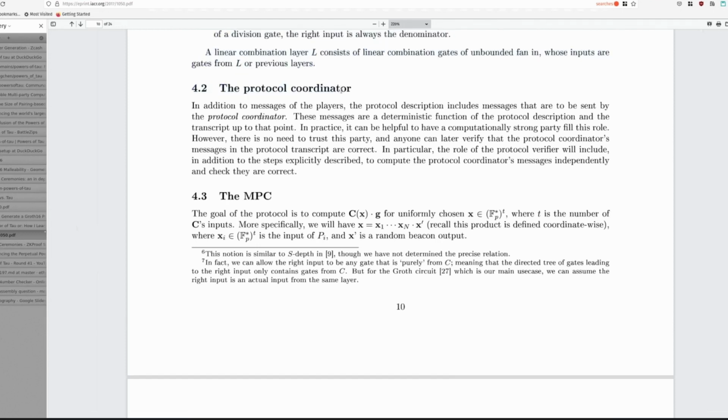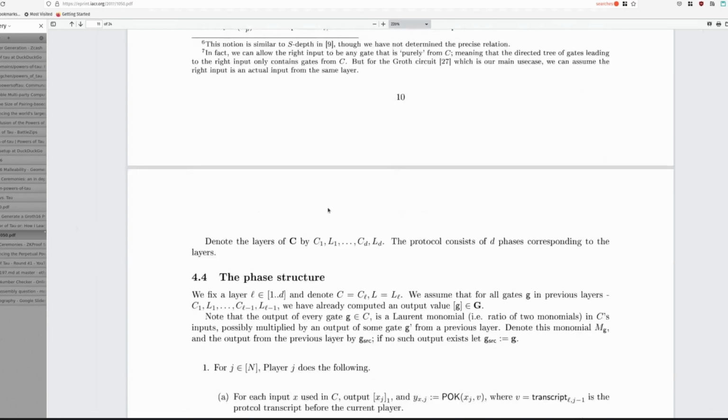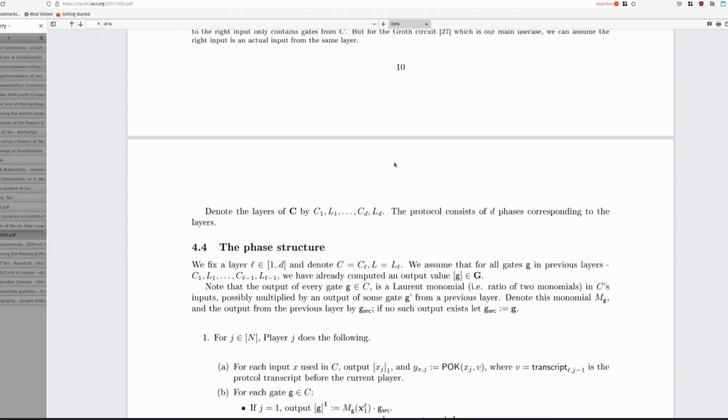And this is not a trusted actor, it doesn't need to be. It's just a different type of actor. You have the n number of random actors, n being any arbitrary large number, and then you have this protocol coordinator, which is the other type of actor in this setup. And then it talks a bit about MPC there.